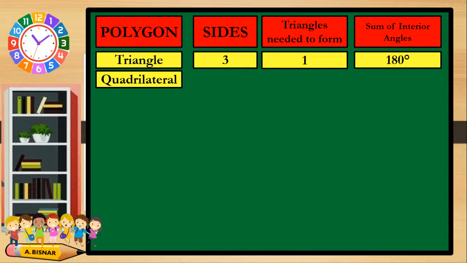So, i-type nyo po yung sagot nyo. So, yung sagot nyo ay 3. The number of sides, the number of triangles needed to form, and the sum. So, again, 3 yung sagot ninyo. Quadrilateral has how many sides?